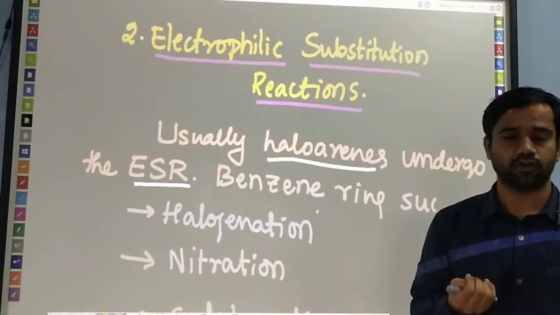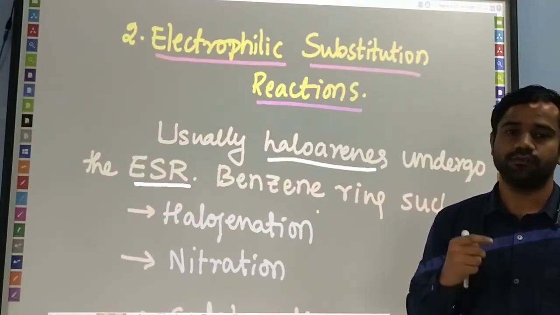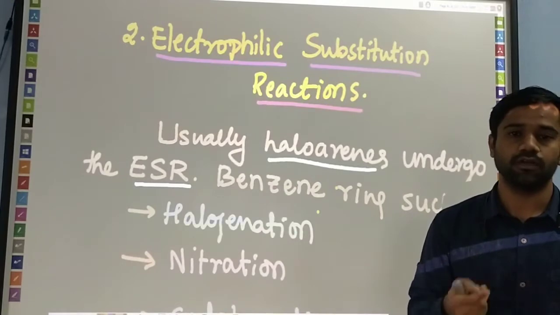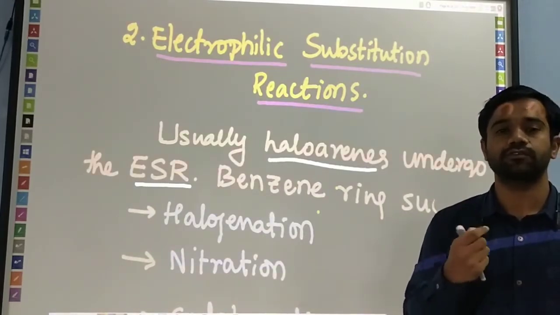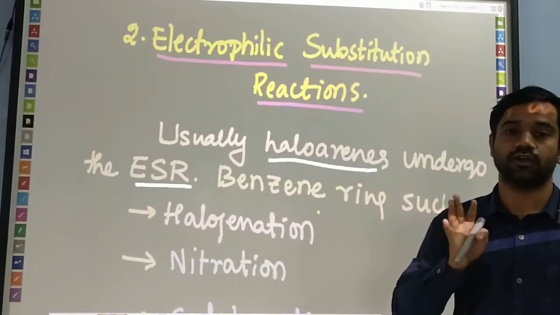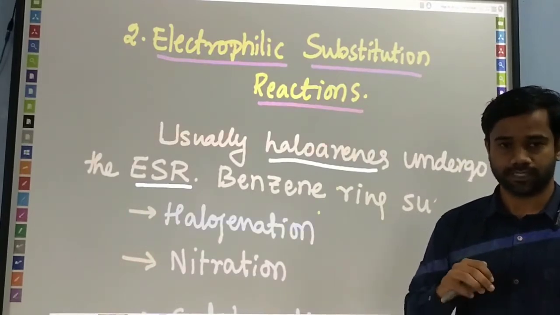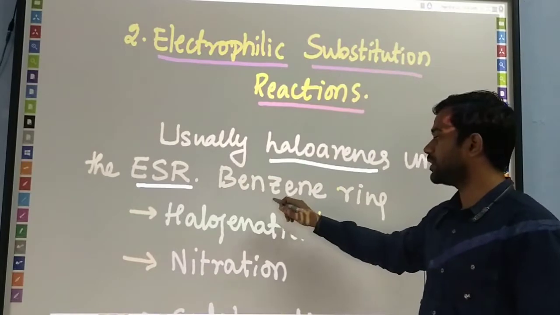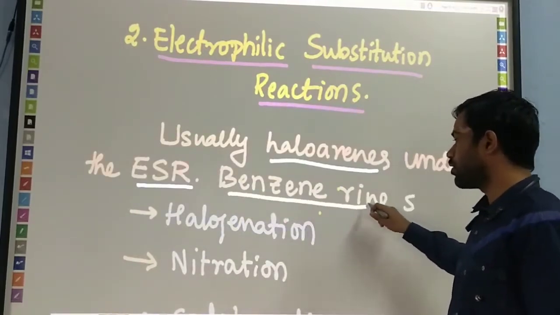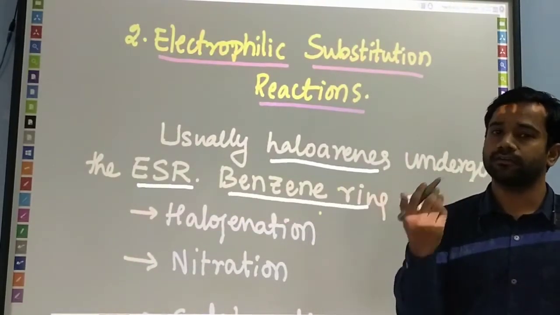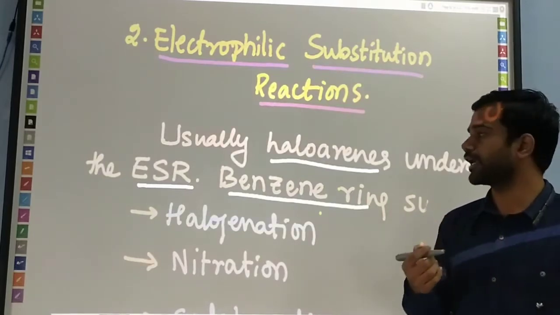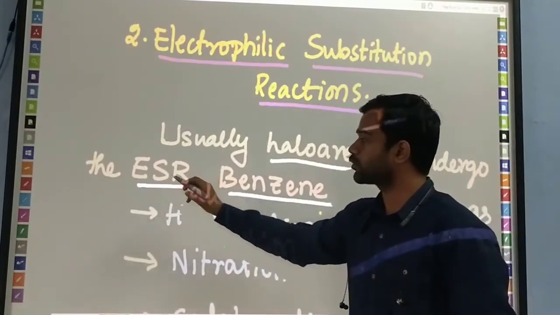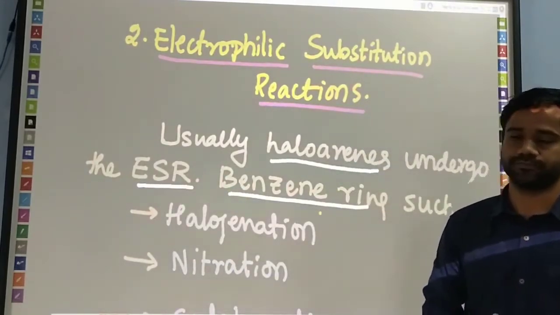An electrophile is an already electron-deficient species which always prefers to attack the more electron-rich species, not the electron-poor species. That's why benzene and its compounds always undergo the electrophilic substitution reaction.